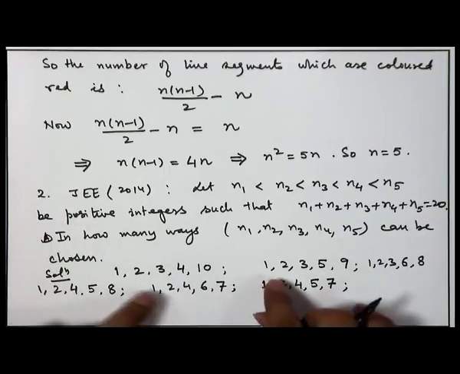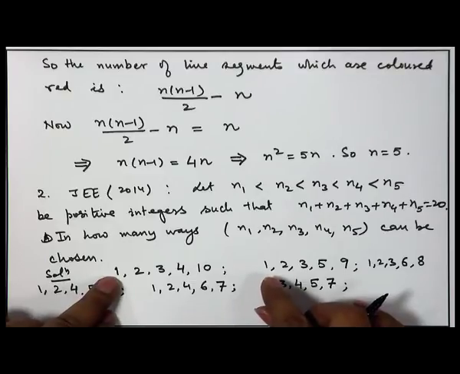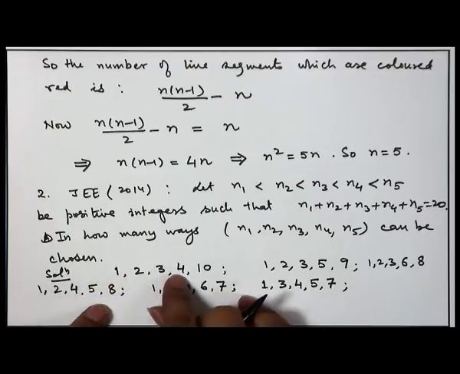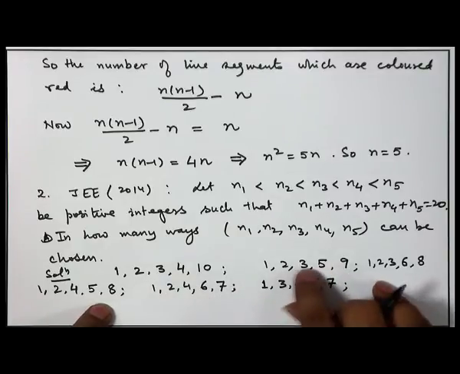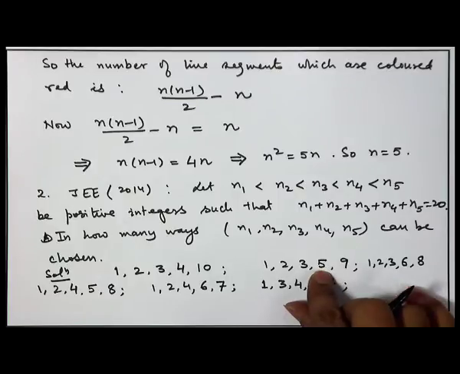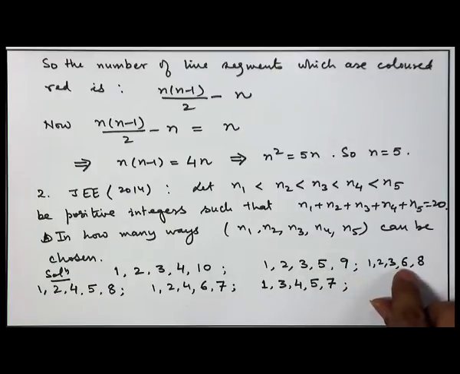Now, let us take the next one. So, now we have exhausted all the options in which n1 is the smallest. In the first one I took n1, n2, n3, n4 to be the smallest. In the next one I took n1, n2, n3 to be the smallest and n4 to be the next smallest, and the same thing is in the third arrangement also.